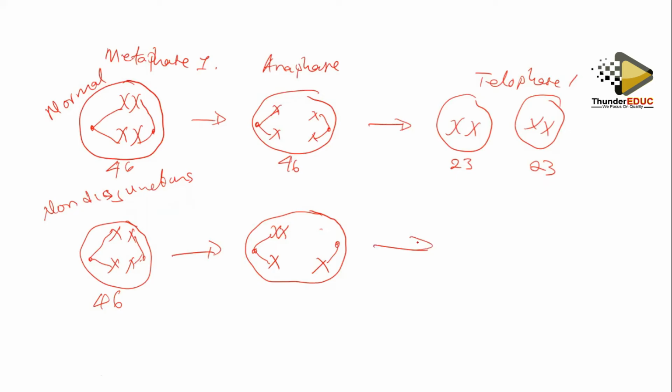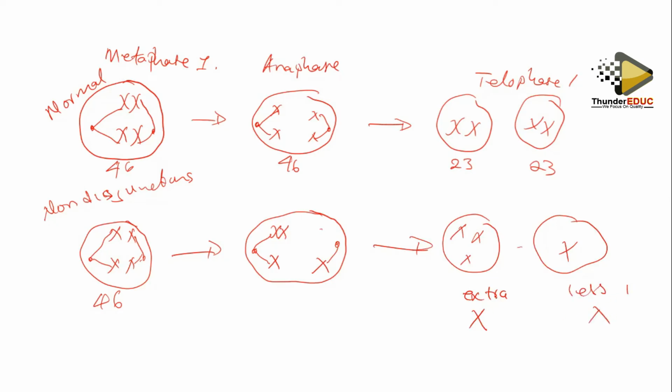Now, this is going to result in a cell having 1, 2, and then 3, and the other one is going to have only one chromosome. So this one is going to have an extra chromosome, and this one is going to be less by one chromosome.